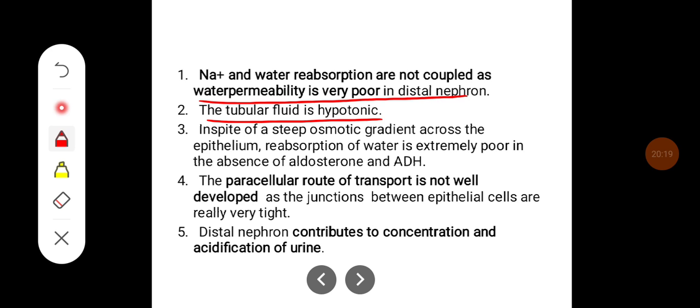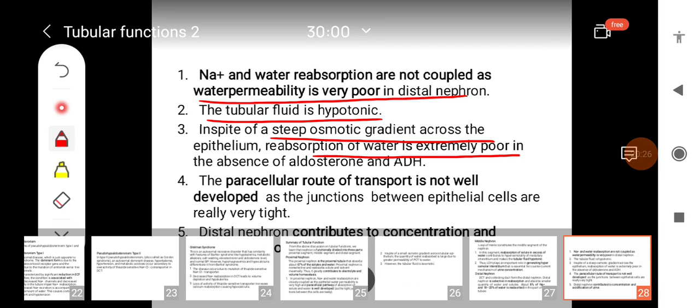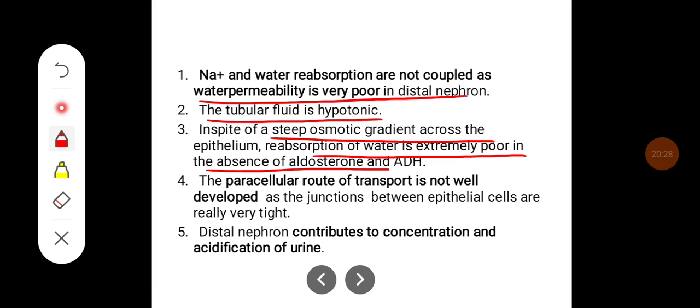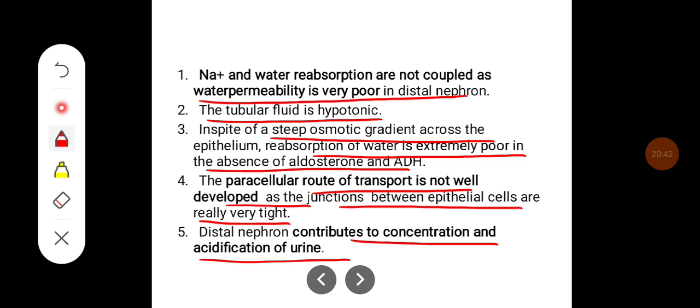The tubular fluid is hypotonic. In spite of a steep osmotic gradient across the epithelium, reabsorption of water is extremely poor in the absence of aldosterone and ADH. The paracellular route of transport is not well developed as the junctions between epithelial cells are very tight. The distal nephron contributes to the concentration and acidification of the urine.